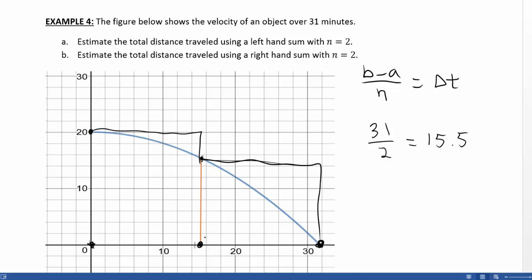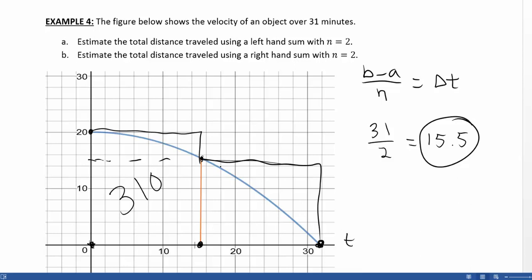So if I look at my first rectangle, I know that the width is 15.5 because that's my delta t, and then my height appears to be 20. So I have to do 15.5 times 20, which is going to give me 310. So the area of this first rectangle is 310. Now for my second rectangle, my height is going to be based on the value I get when my independent value, which we'll call t here, was 15.5. So if I approximate the height here, I'm going to go back over here to the y-axis, I'm going to say that that's roughly 15.